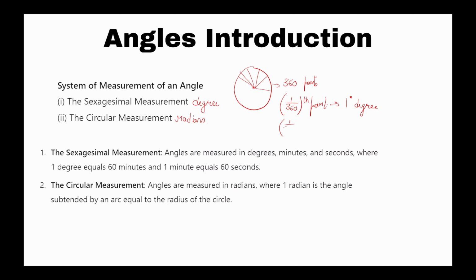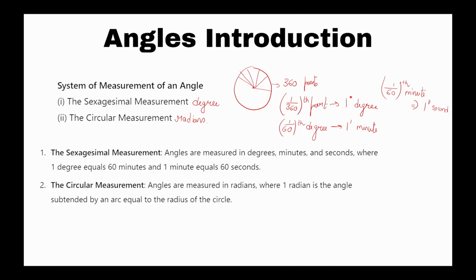And when we talk about the 1 by 60th portion of a degree, it is called 1 minute. And this is how it is represented. And if I talk about the 1 by 60th portion of a minute, then it becomes 1 second, and it is represented by double inverted commas. So this is how degrees, minutes and seconds generally work.